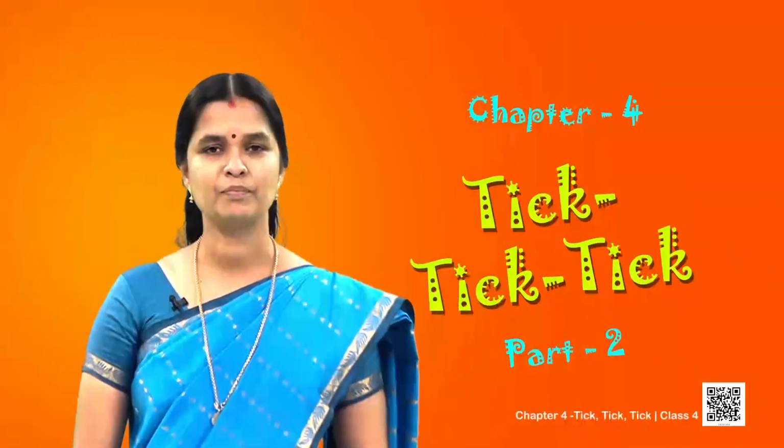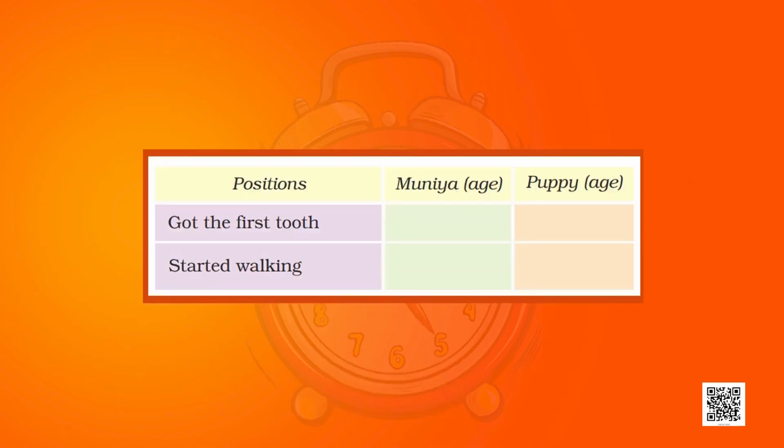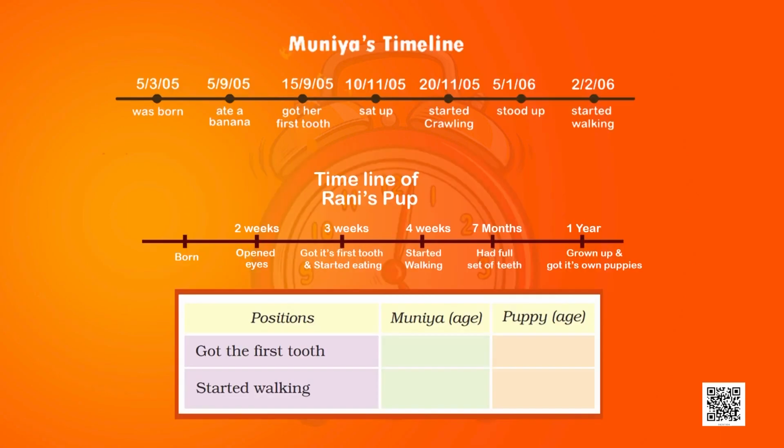Now, let us compare the timelines prepared for Munia and the pup. Okay, here is a table. You have to fill the table with the help of the timelines prepared for Munia and the pup, so that we can compare how they were growing. When did Munia get her first tooth?